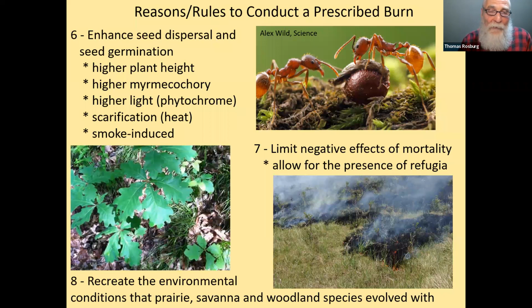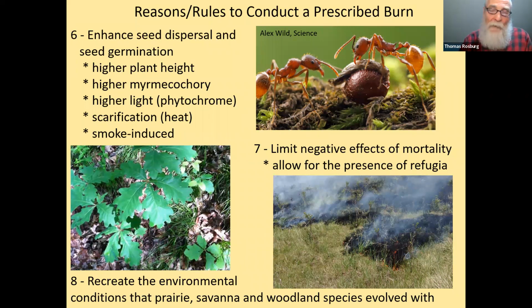And the last thing is you could also express the reason to burn if you just simply want to recreate the same exact conditions that created the prairies and savannas and woodlands that we have, because all of those species, again, have evolved in some kind of fire regime. And so that means they are adapted to fire in some way that non-native plants are not adapted.